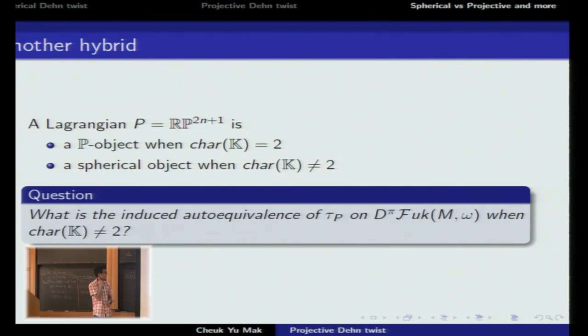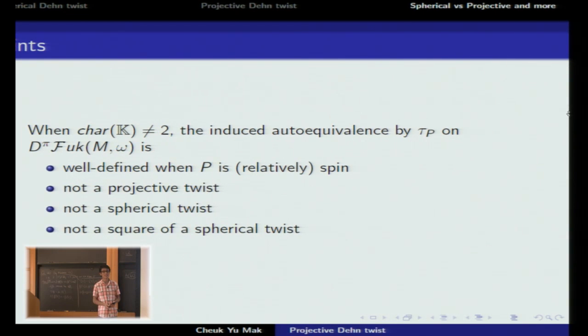So the question is, what is the induced autoequivalence when the characteristic is not 2? There are some hints. When the characteristic is not 2, then P is spherical, so you cannot define a projective twist. And the induced autoequivalence is not a spherical twist, and it is also not a square of a spherical twist. So it seems to be some mysterious object.